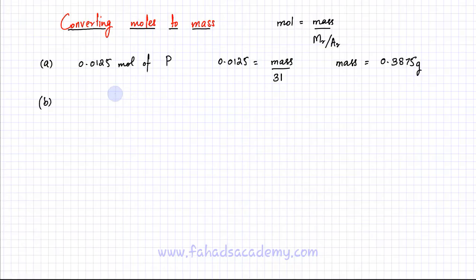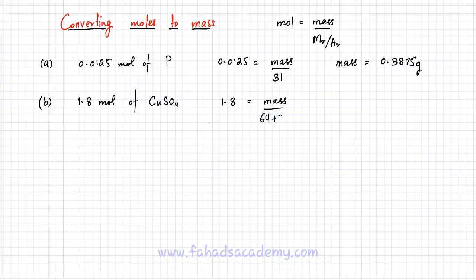So let's say I have 1.8 moles of copper sulfate. Now again, I know how many moles I have, so I'm going to put that in the formula. It's 1.8 moles is equal to mass, which is the unknown, divided by the MR, which we are going to find out from the periodic table. So copper is 64, and we're going to add sulfur, which is 32, and then there are 4 oxygens, so that would be 16 into 4.